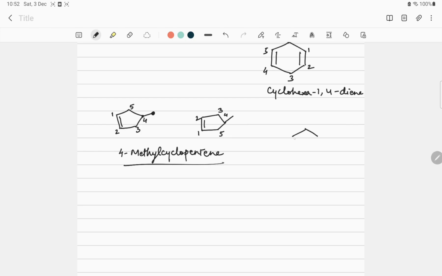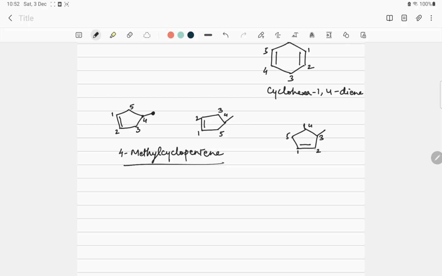Now, say for example, if the compound is this. Here is a methyl group, here is a double bond, here is another methyl group. So, now how should we number it? Which should be given preference? Again the double bond. So, if we number it from here 1, 2, 3, 4, 5, the substituents are at number 3 and 4.